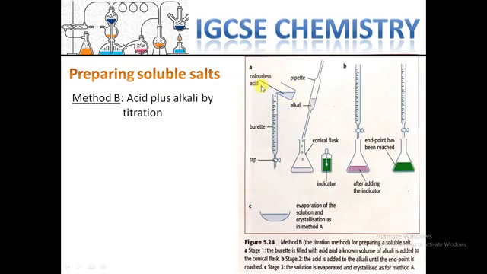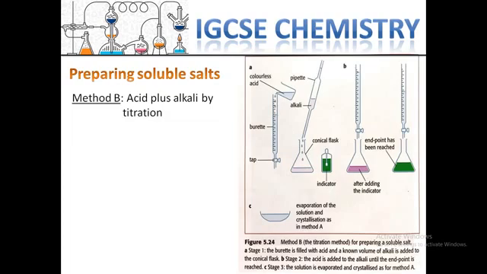Just imagine it's a colorless acid, and you can collect any volume of acid. Then after that, you need to use the conical flask. This is the name of this laboratory dish. Then you can use a pipette to get any alkali solution.